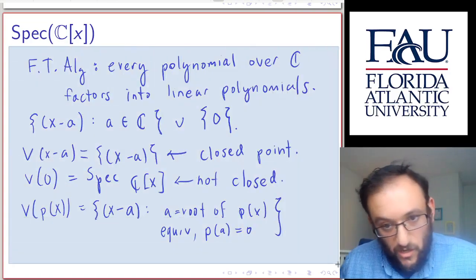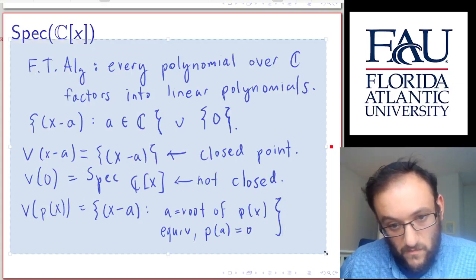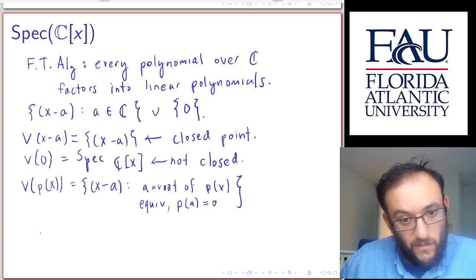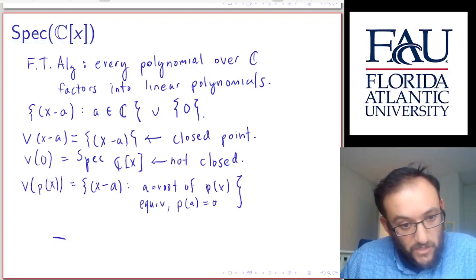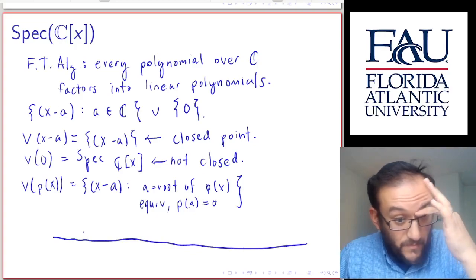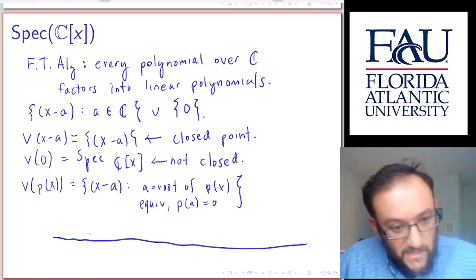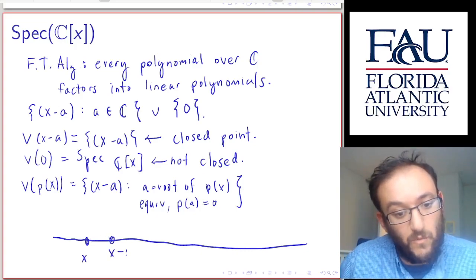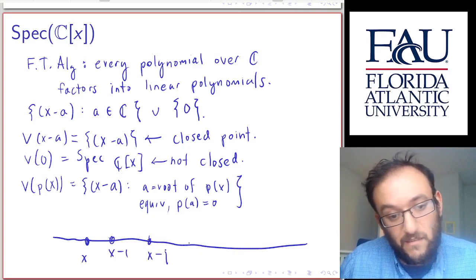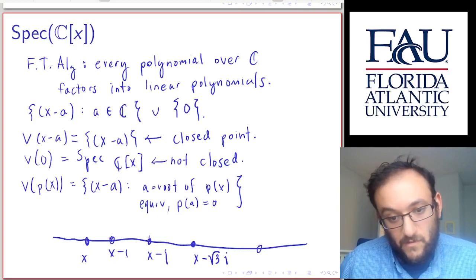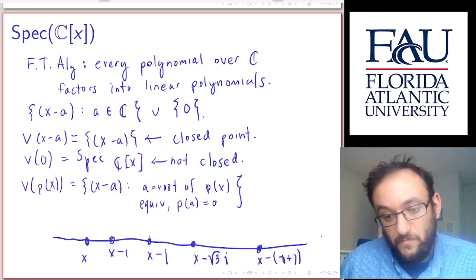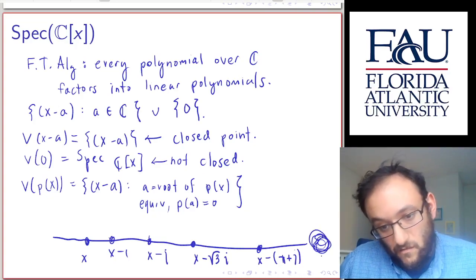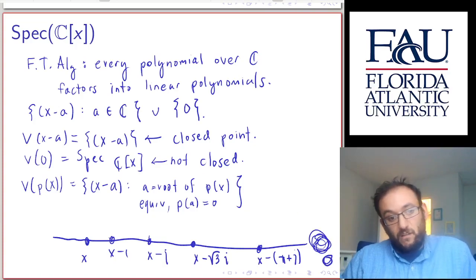Okay, and if we want to draw a cartoon of this, similar to the cartoon of the integers, we have a line, and we have all of our complex numbers on this line, so x minus 0, and x minus 1, and x minus i, and x minus the square root of 3i, and x minus pi plus i, etc. And then we also have this fuzzy 0 point, which is not closed.